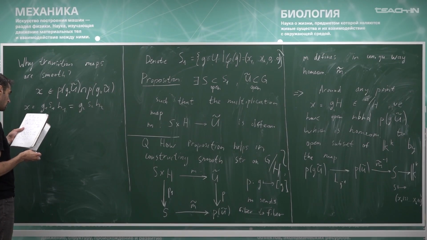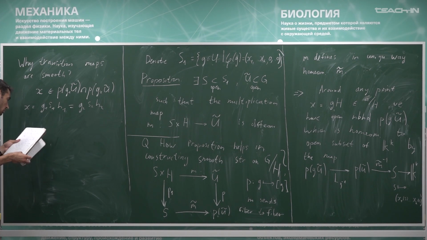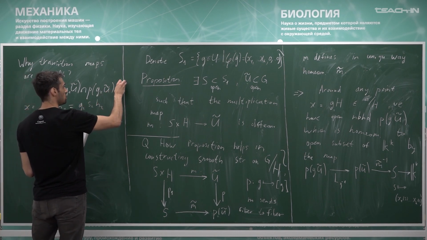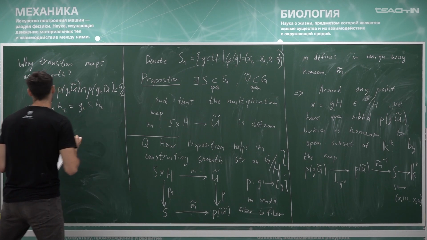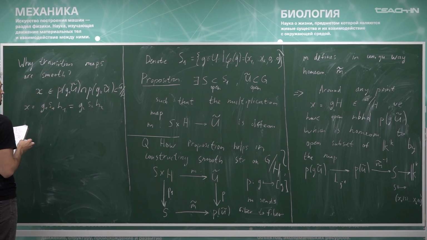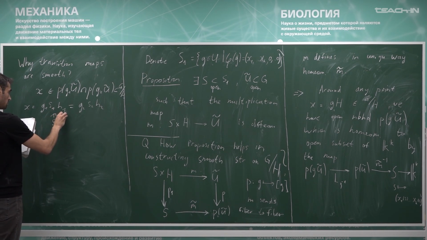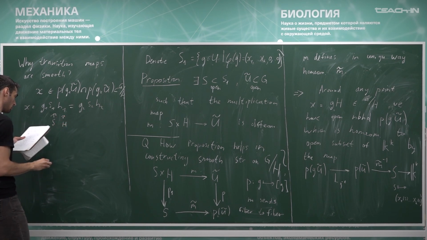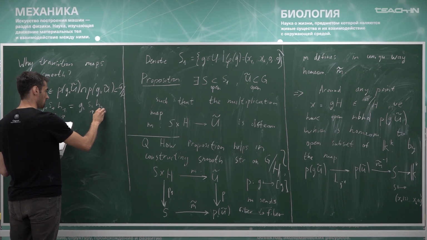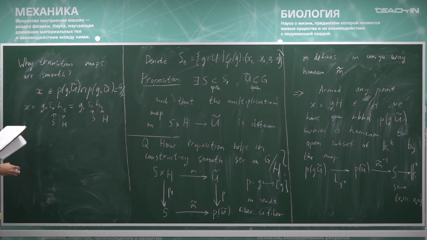So actually, X is an intersection, right? This lives in G quotient by H. This lives in S, this lives in H. And we need the following.